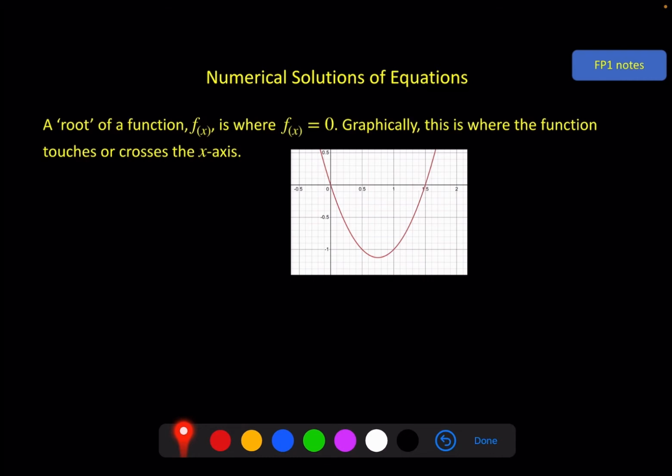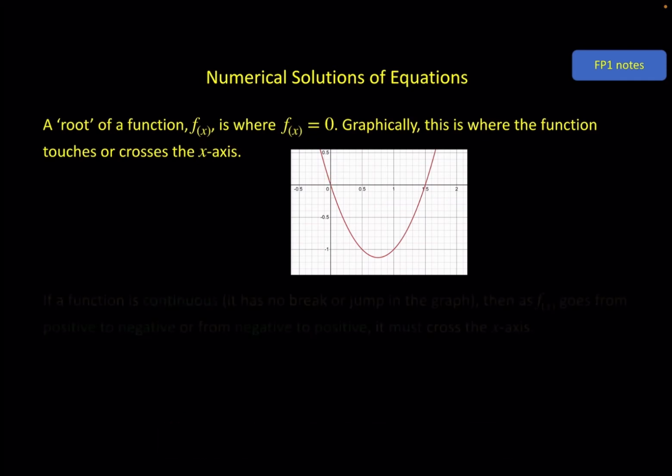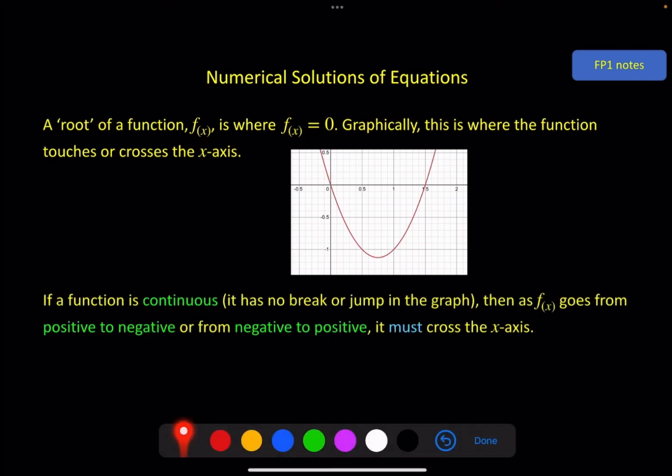Now the whole idea of this change of sign thing is that if your function is continuous, so there's no break or jump in it, and it goes from a positive value for the function to a negative value, or from a negative value of the function to a positive value, then obviously it must go through the value 0. It must cross the axis. And this is true for any continuous function, so one that isn't jumping around.